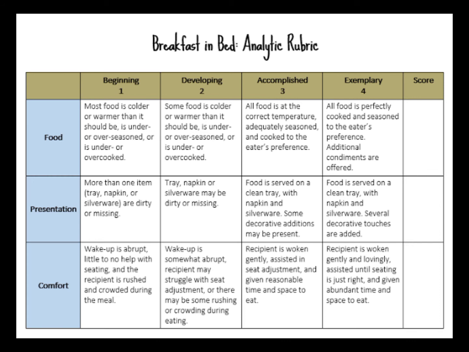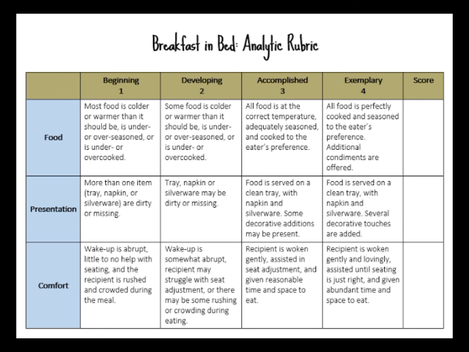In developing or 2, some food is colder or warmer than it should be, is under or over seasoned, or is under or overcooked. In accomplished or 3, all food is at the correct temperature, adequately seasoned and cooked to the eater's preference. In exemplary or 4, all food is perfectly cooked and seasoned to the eater's preference.